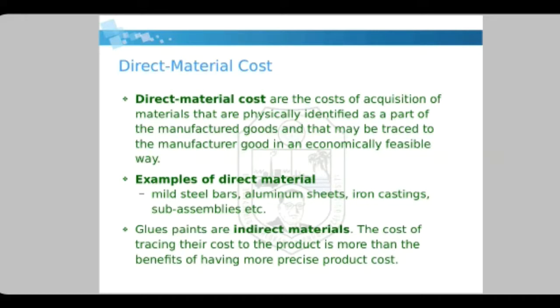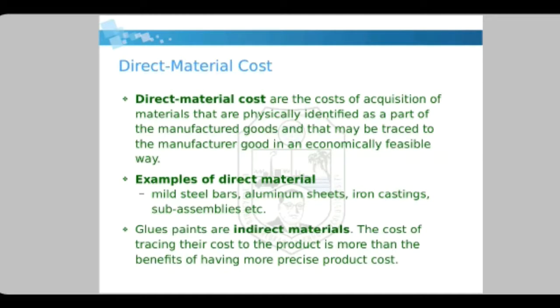Now indirect material cost. For example, if we are using glues, paint, screws for making that product, we cannot calculate the cost of all this directly, right? How? Because we can't say that a single cupboard required this much amount of glue, or this much amount of screw.